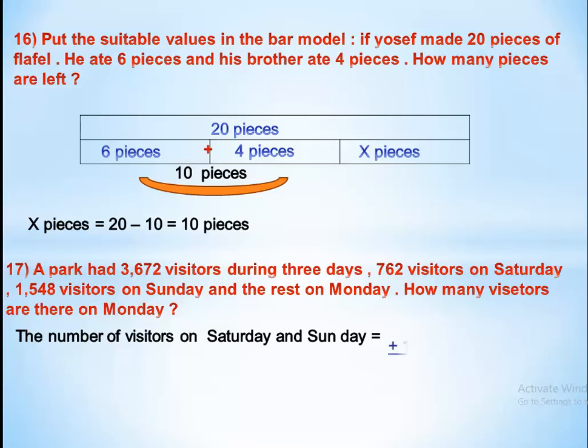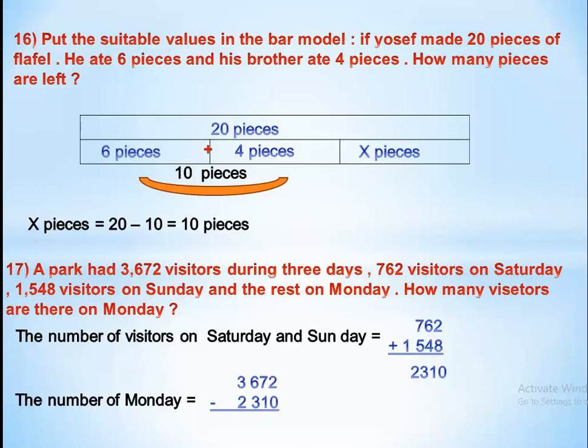Okay, 762 plus 1,548, it will be 2,310. The number of visitors on Monday means the total 3,672 minus 2,310 equal 1,362.